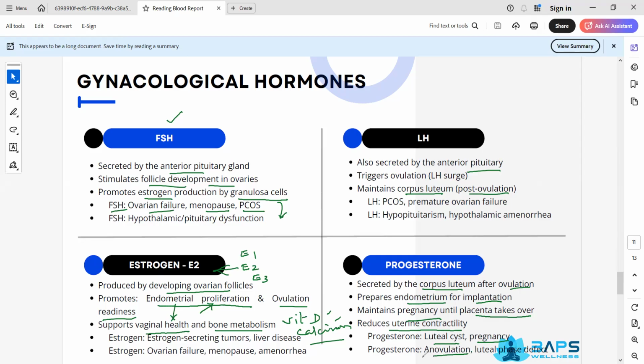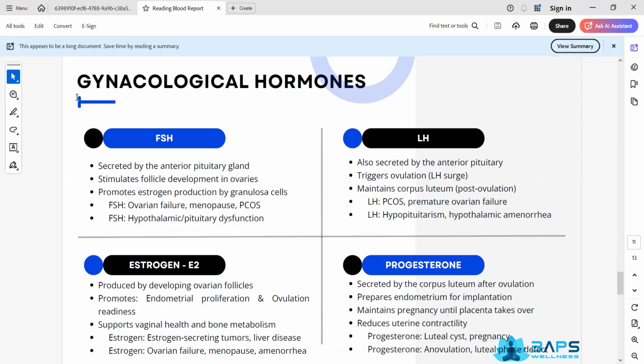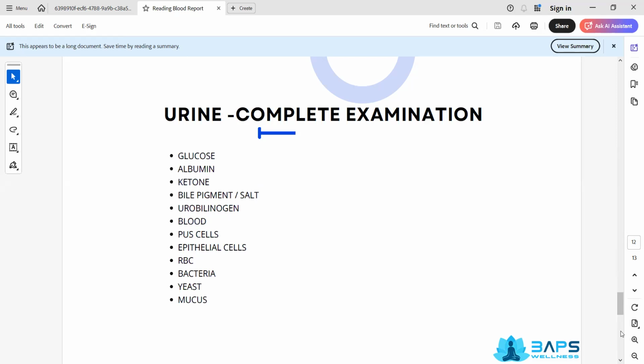And it is less in the case of anovulation and any defect in the luteal phase. So we'll have to check these 4 hormones in case of any gynecological related issues.